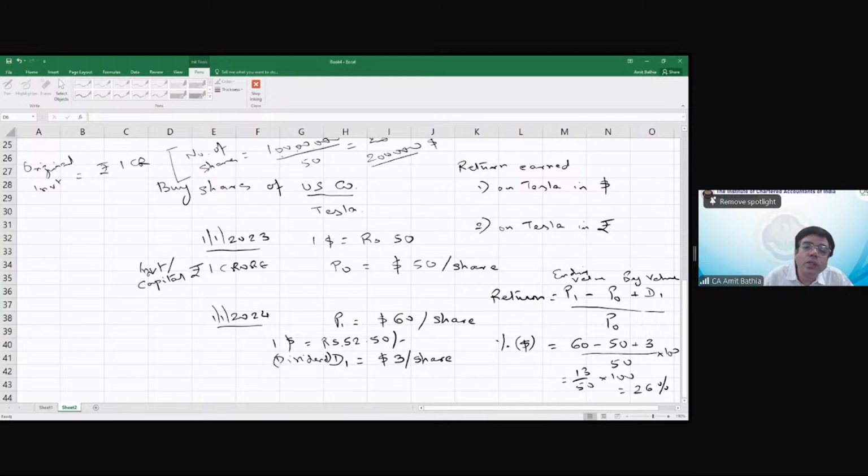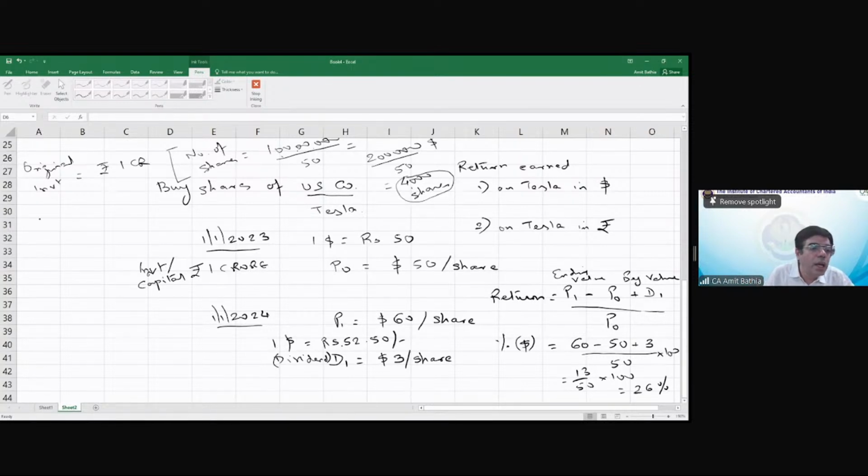This is my dollars, upon 50. So I will get how many shares now? 4,000. Am I right? Yes. So I get 4,000 shares, right? This is my original investment.